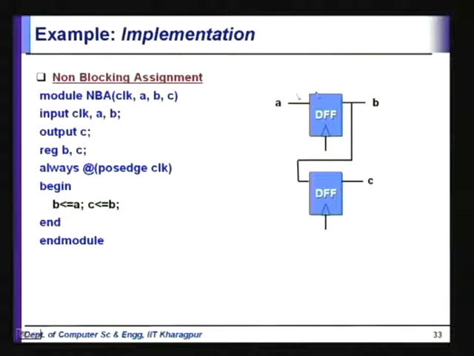So the implementation is going to look like this, that whenever you have a posedge clock, after the clock the value of A that is present here now will get latched into this flop. But the value that is going to get latched into this flop is not that value, it is the previous value of B. So it is this one that is going to get latched here.